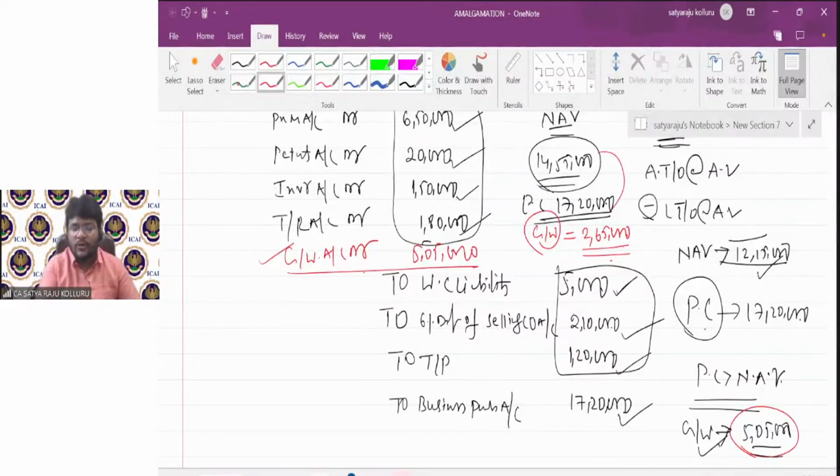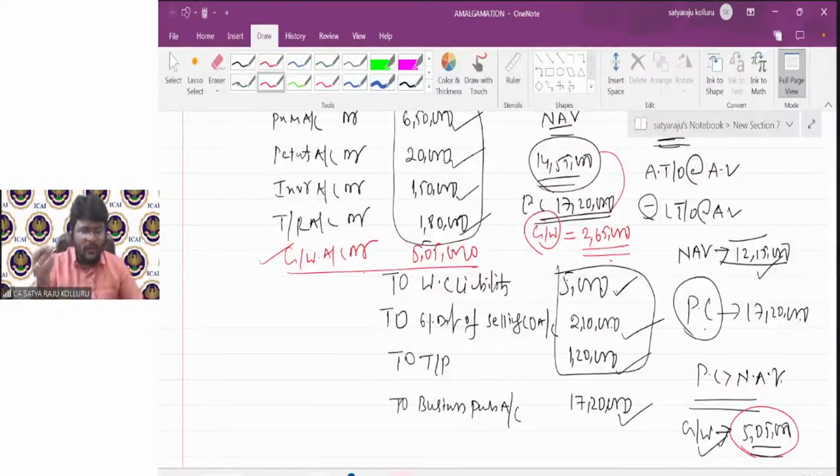But if you try to incorporate it initially, then you need to erase it and put the total value again. So simply I'm telling that if the purchasing company has taken over the goodwill of the selling company, no need to incorporate it. While comparing PC with NAV, the goodwill of the selling company is automatically incorporated, along with the difference of PC and NAV. That is the point I'm highlighting through this problem. Do you understand, guys, all of you?